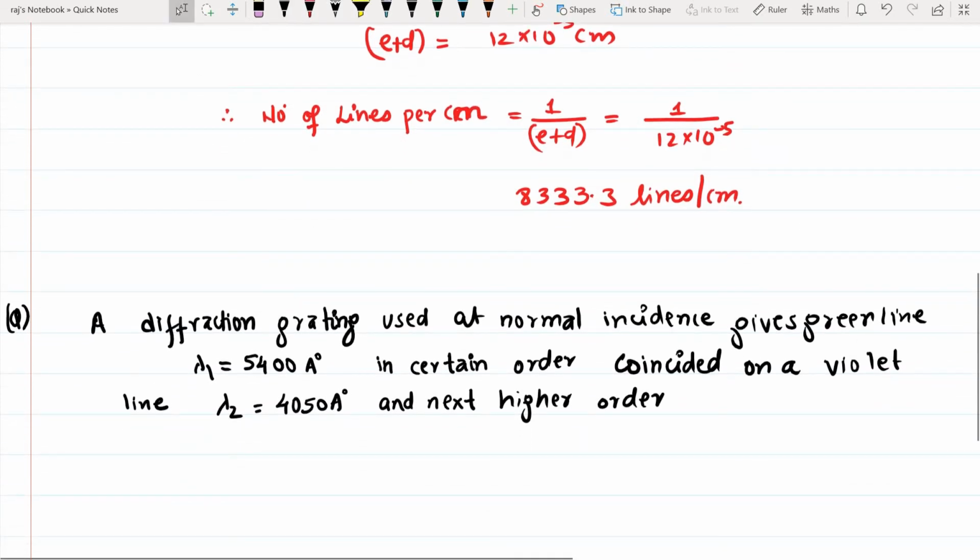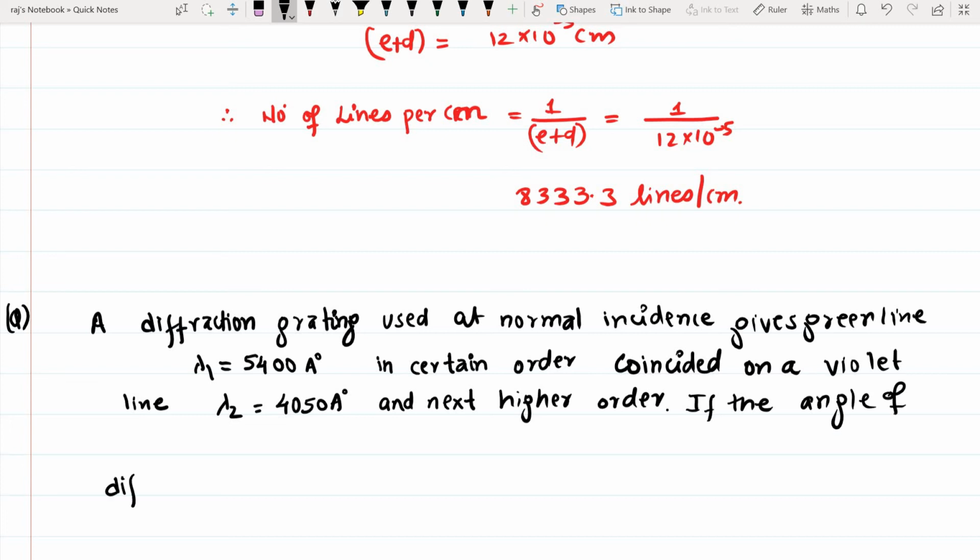If the angle of diffraction is 30 degrees, then how many lines are there in 1 centimeter of grating?